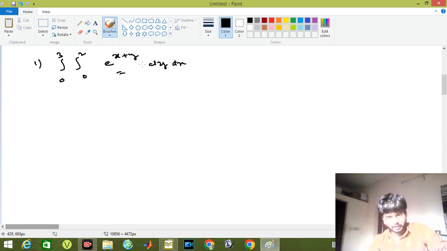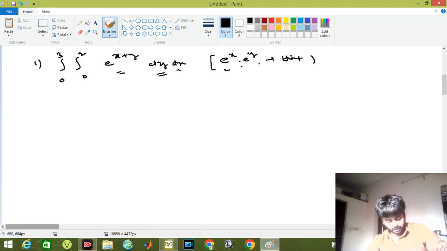Here the hint is, you have to split it into e power x into e power y. When integrating with respect to y, x acts as a constant. When integrating with respect to x, y acts as a constant. So this is your hint.